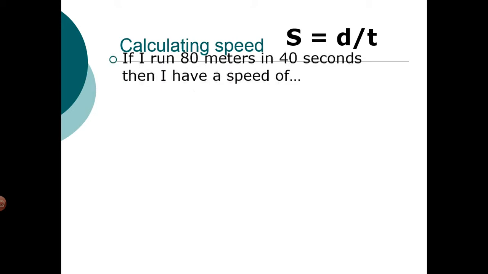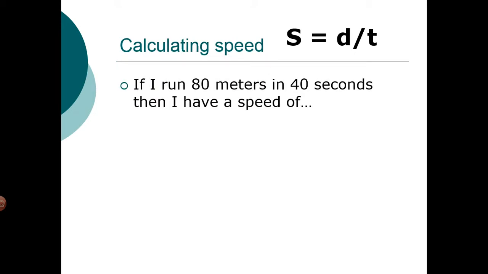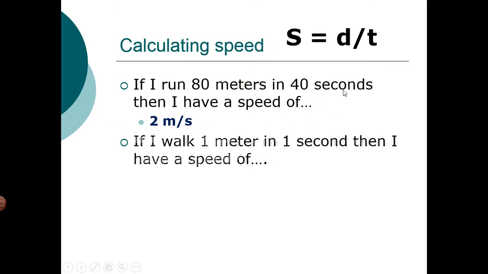Calculating speed. Remembering that speed equals distance divided by time. If I run 80 meters, which is my distance, in 40 seconds, which is my time, then I have a speed of 80 meters divided by 40 seconds, which gives you 2 meters per second. How about this one?